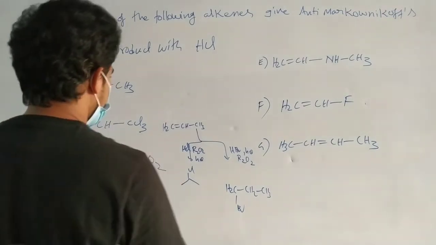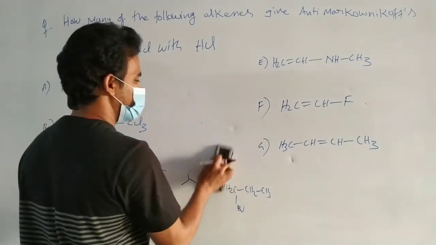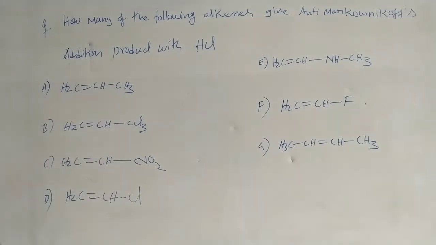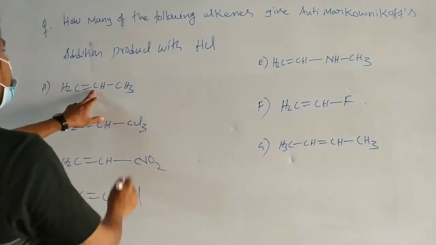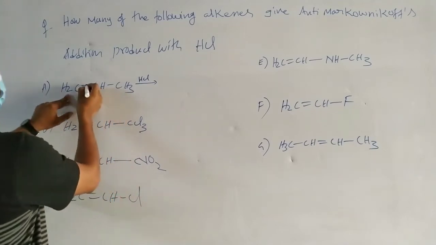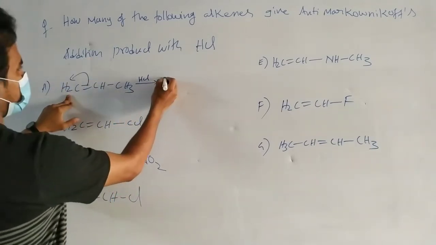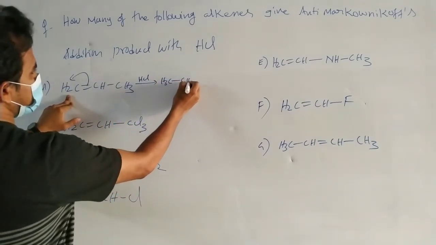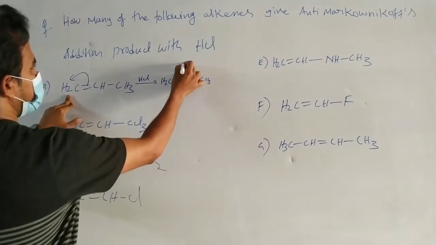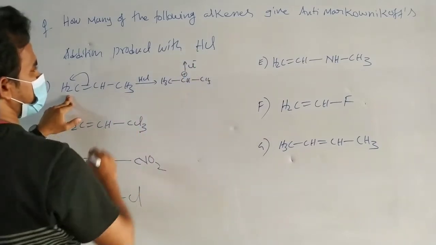Suppose in this case, see this. This compound on reaction with HCl: first, protonation takes place on this carbon. As a result, we get the stable carbocation. Now it is attacked by the Cl minus.